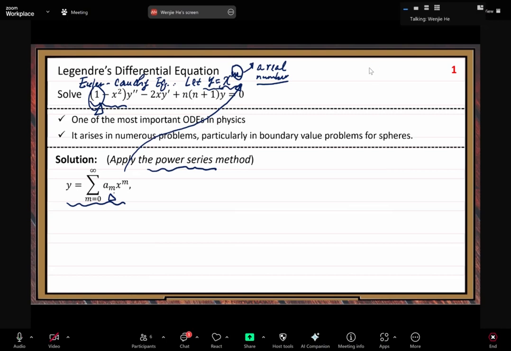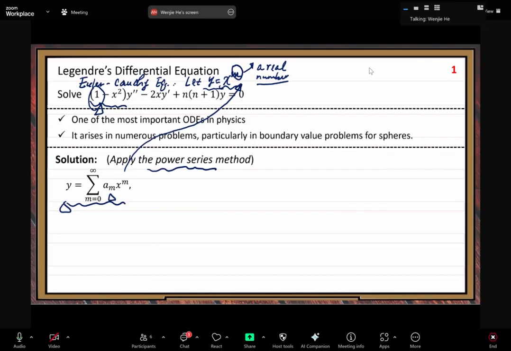How about this idea? You can see we have a better chance, right? If we use this power series form, we will have a better chance to find a solution.